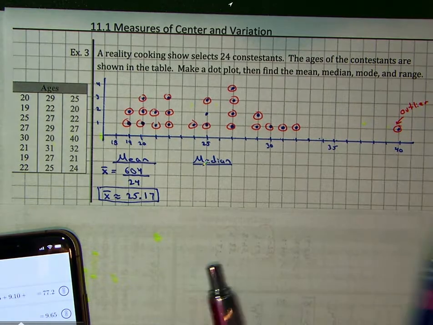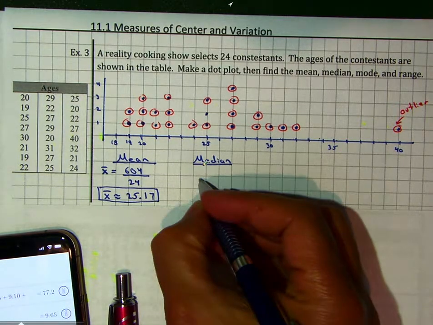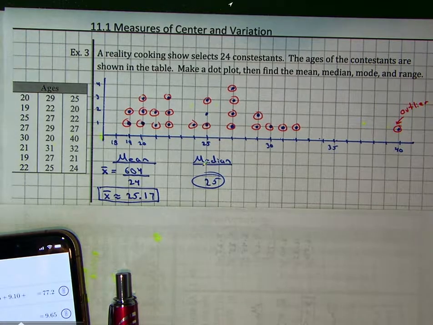So therefore your median is 25. Even if there were two, there'll still be 25.